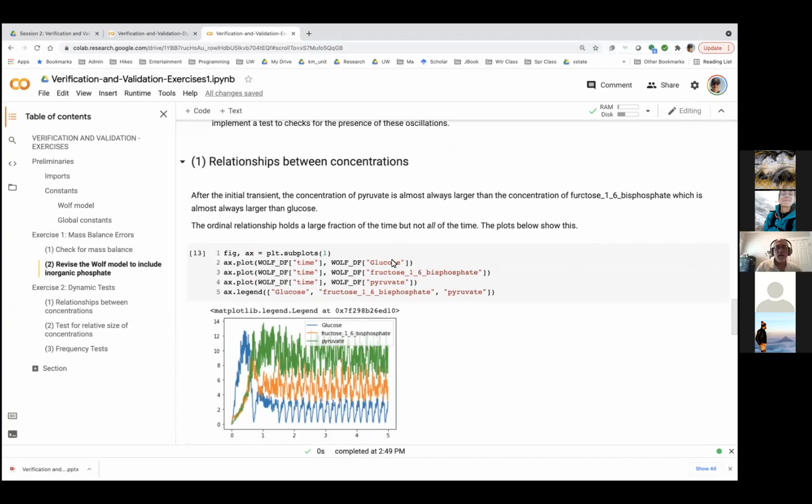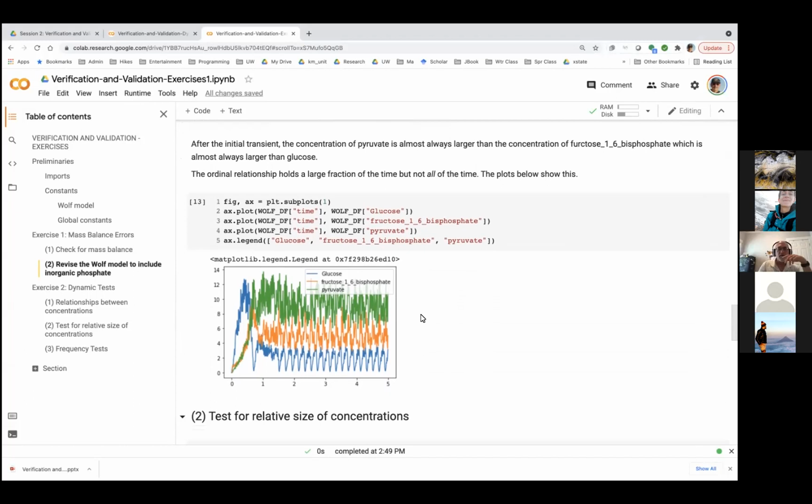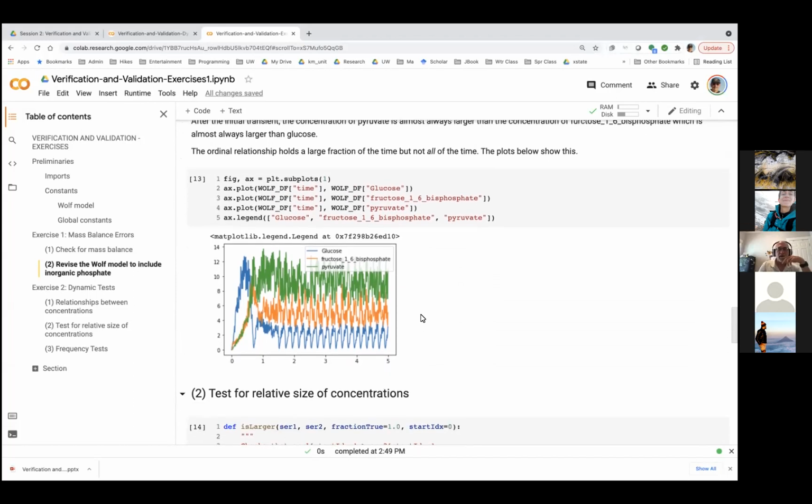Now the first question was about the relationship between concentrations. We're looking at glucose, fructose 1,6-bisphosphate, and pyruvate. The initial interpretation is that we would expect pyruvate to be much larger than glucose, and that's reasonable. But the relationship between fructose 1,6-bisphosphate and pyruvate in the simulation is actually more complicated.